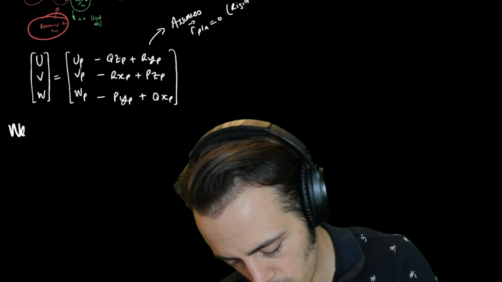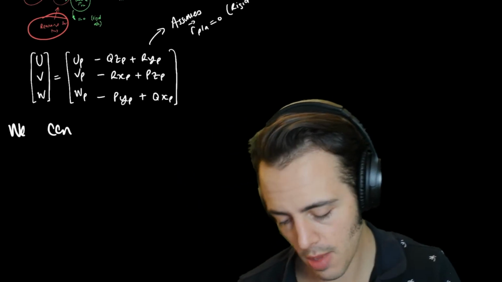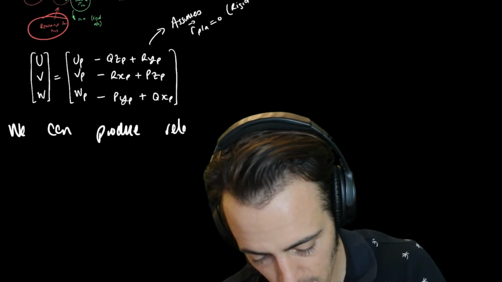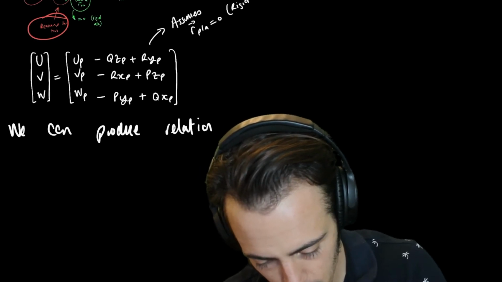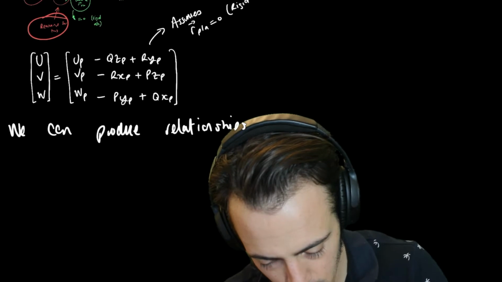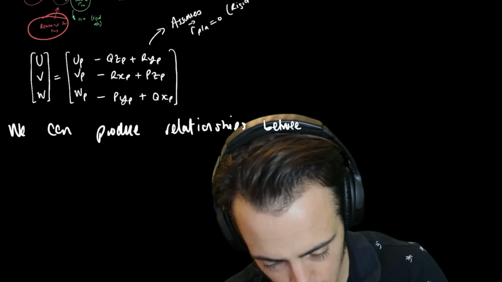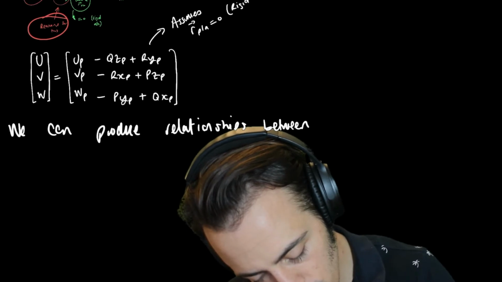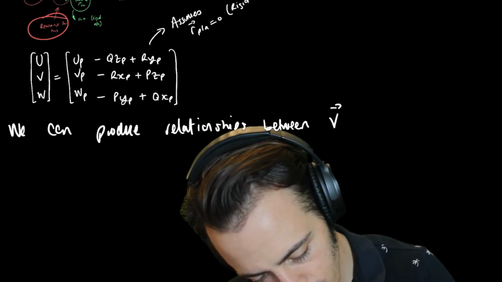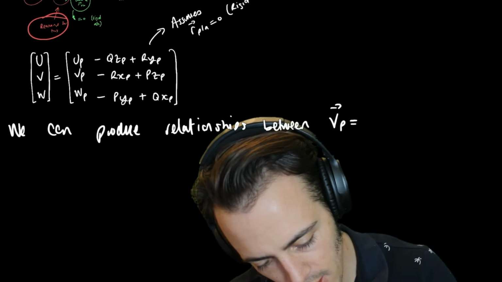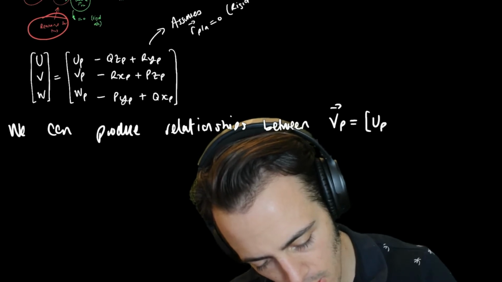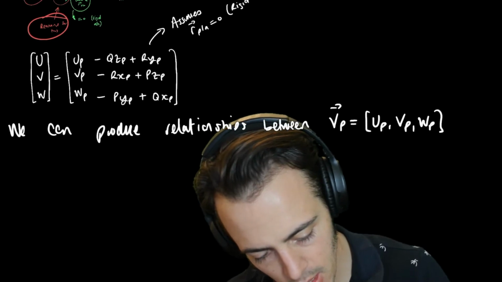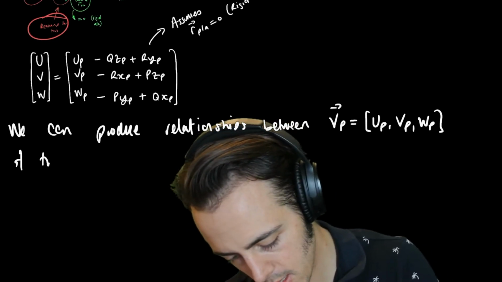So we can produce relationships between the velocity vector as measured at the probe, which is UP, VP, and WP, and the measurements.